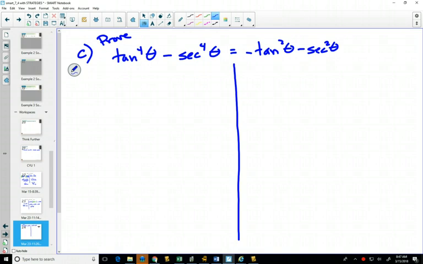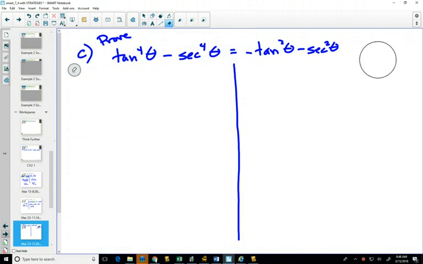How do we factor difference of squares? It's like factoring x squared minus 9. Do you remember that? Where you would go x plus 3, x minus 3. You're probably pretty good at recognizing x squared minus 9. Well, now we have to recognize it with trig functions. We have something minus something, and this is tan squared squared minus secant squared squared.